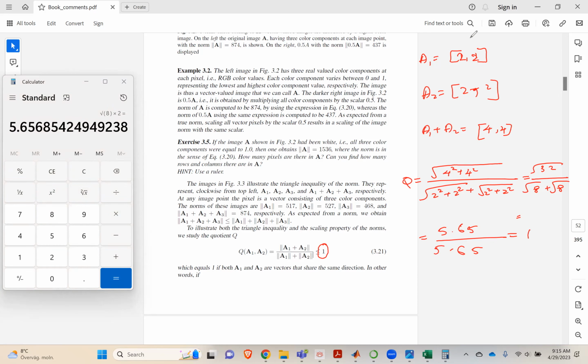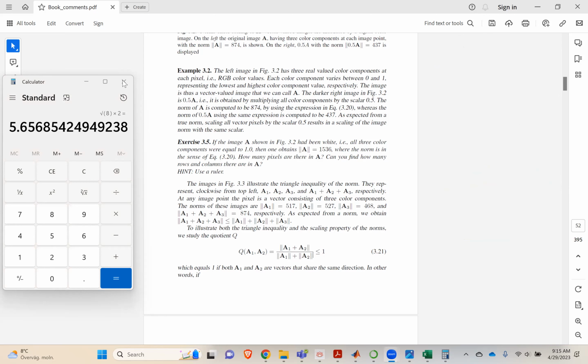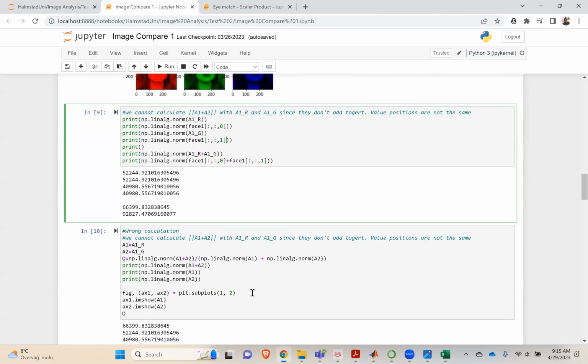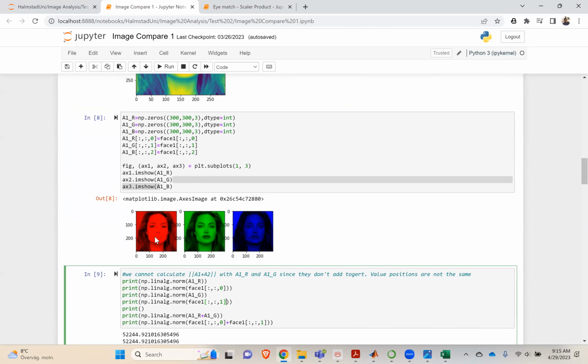So we just compared 2 pixel images. Now we'll try to compare a big image. This is the same thing I did in the Python program. Here I'm comparing the red face and the green face. You can see this is the same person, but the mouth and nose appear in different ways.